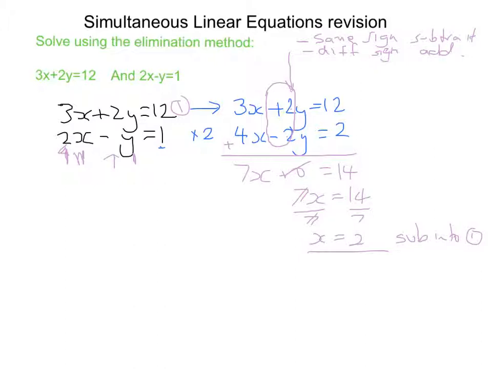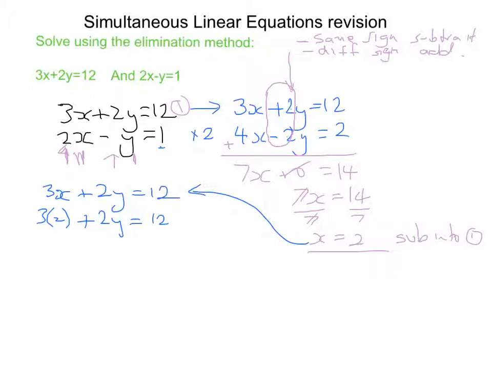So if I write the first equation out, and then I'm substituting x equals 2 into that, that gives us 3 by 2 plus 2y equals 12. So 6 plus 2y equals 12.